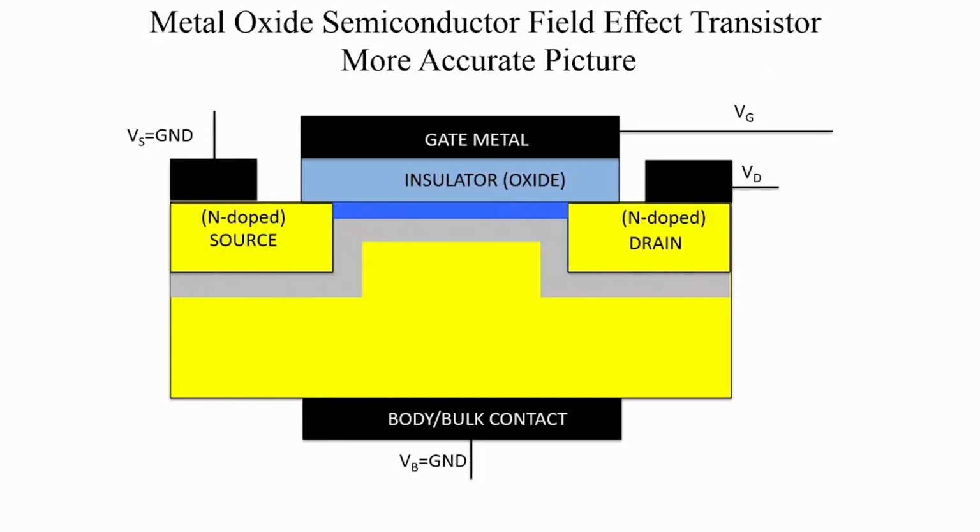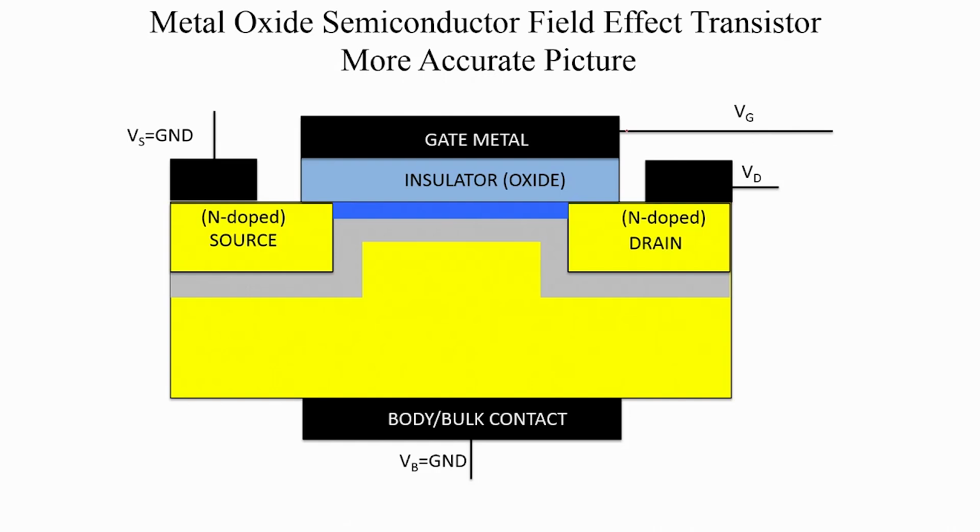Now, while discussing the current voltage characteristics, we used a very simple figure. It was just done so that you could imagine what is going on while deriving the first order model for the current voltage characteristics of the MOSFET. But here is a more accurate picture of the situation.